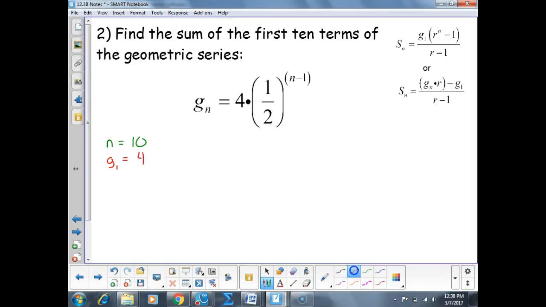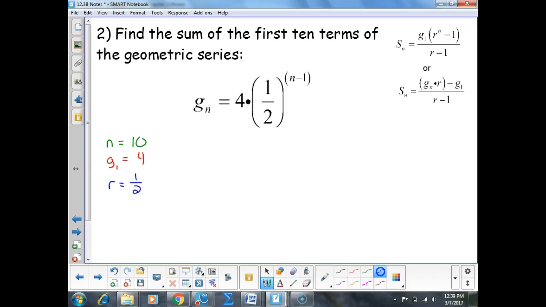It's the number out in front. R. 1/2. Do you need to go any further? Do you need to find what that 10th term is? It's actually easier if you don't. I think that top one is an easier one to deal with than the bottom one.